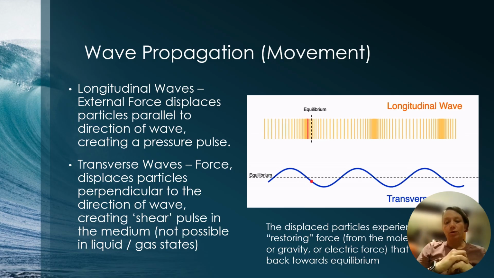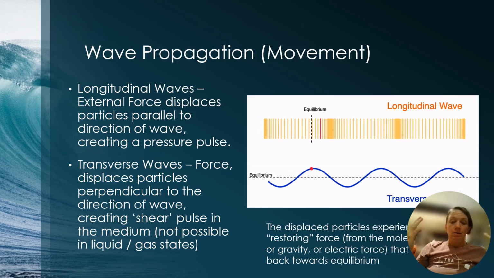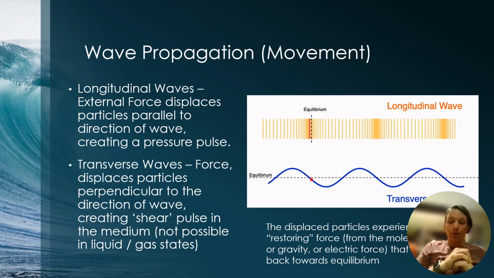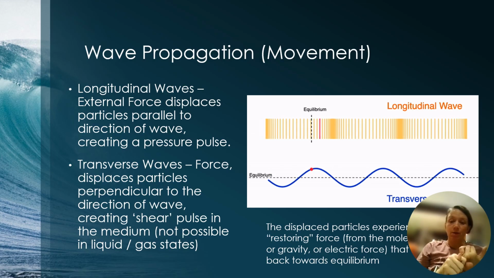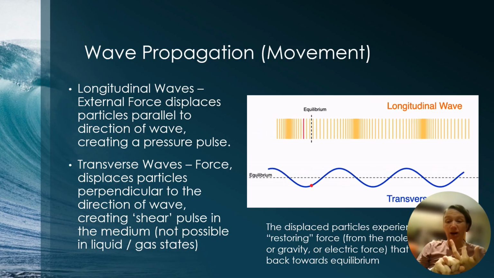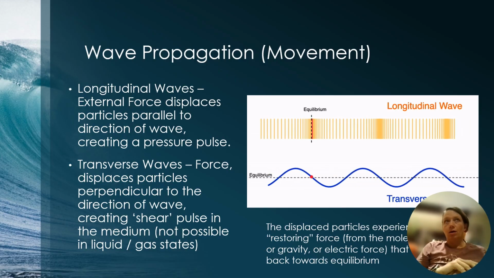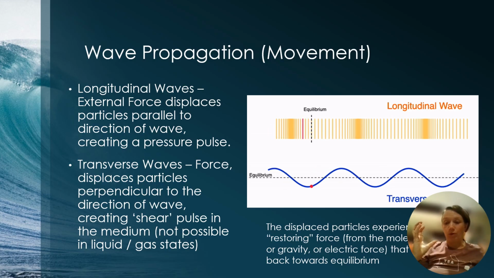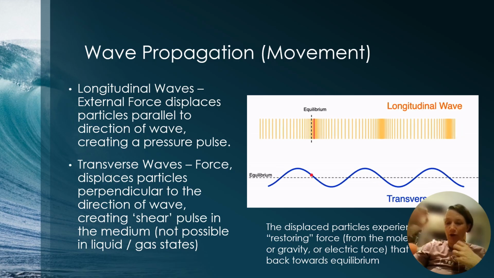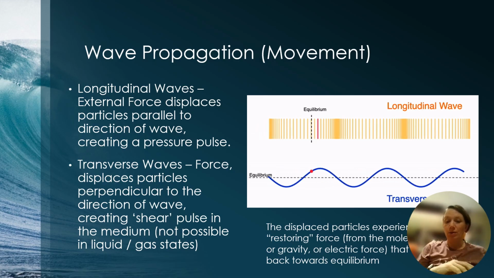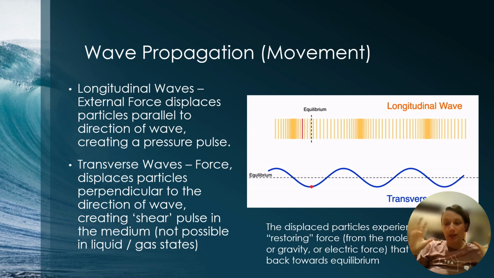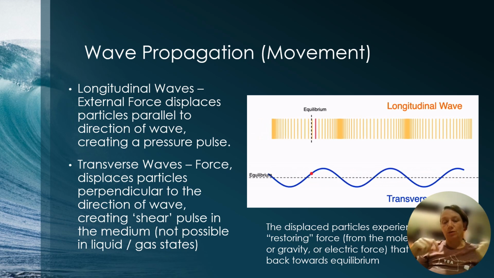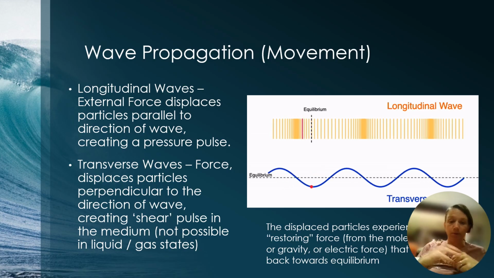This restoring force can be caused by any of the forces that are keeping the medium in its equilibrium position. As I mentioned, the molecular bonds, or it could be caused by gravity. In our gas states, the restoring force is just the electric force that's actually repelling the gas molecules from each other and keeping them kind of spaced out in the medium. So whatever force keeps the particles in equilibrium is also going to be the force that basically transmits the wave energy from particle to particle to particle.